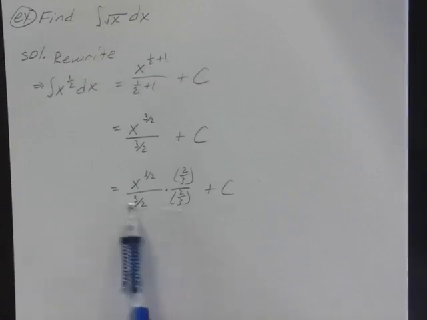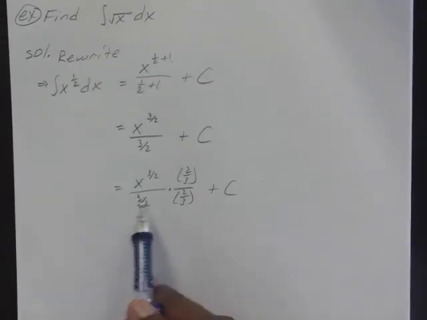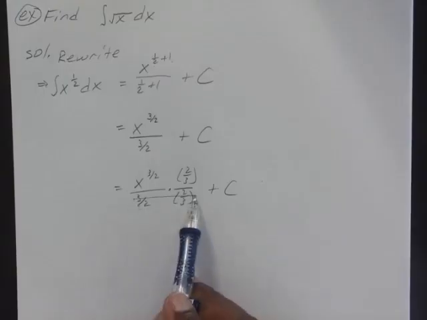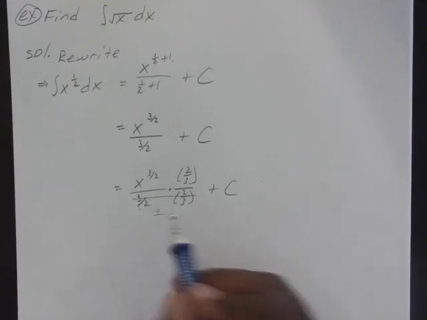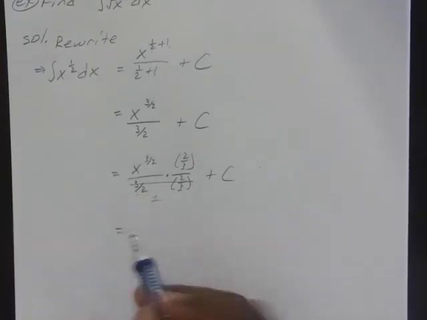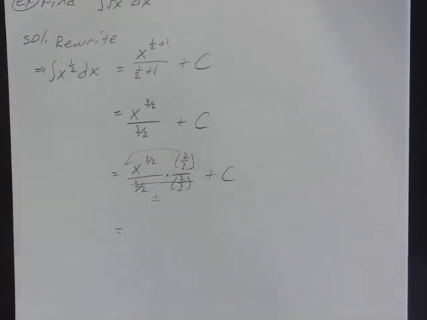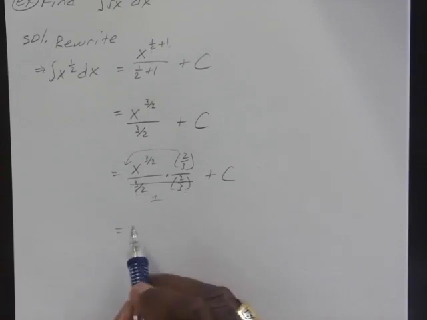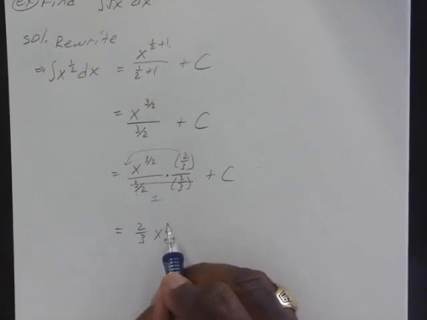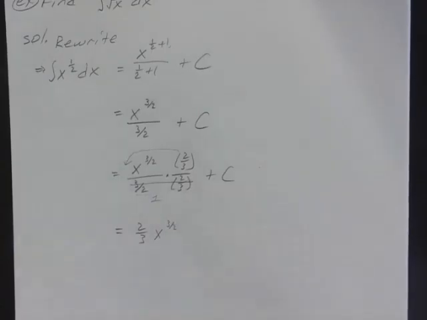So if we multiply 2/3 and 3/2, that gives us 6 over 6, which is just 1. So those two cancel out and just become 1. And that 2/3, we can just factor out to the front. So that gives us 2/3 times x to the 3/2 power plus c as our antiderivative.